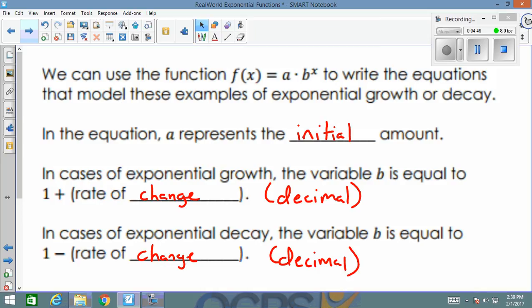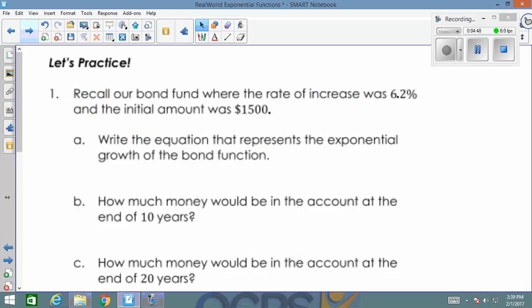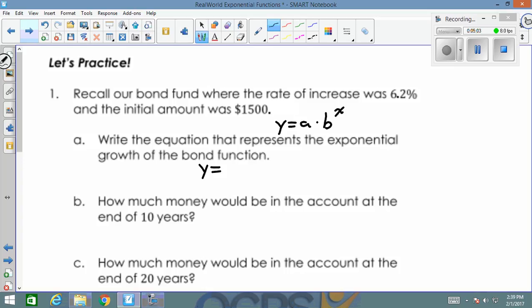Okay, so let's do some examples. Here it says, back to the original bond fund that we were given, write an equation that represents the exponential growth of the bond fund. Again, it's y equals a times b to the x power. So y equals the initial amount, which here is $1,500, times our b.